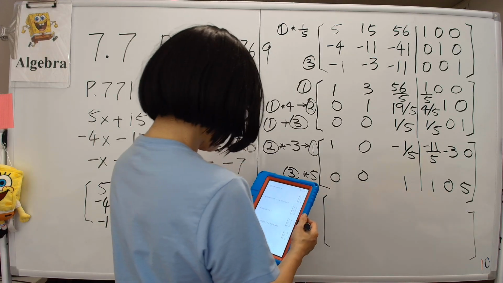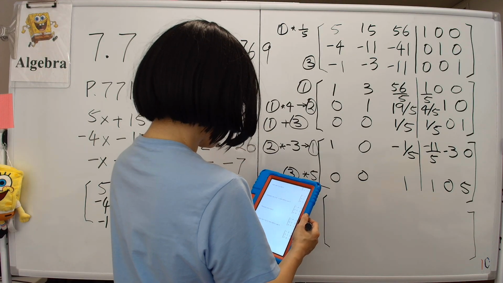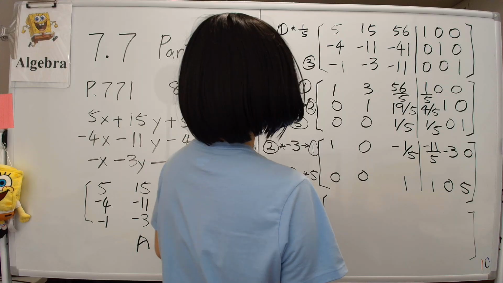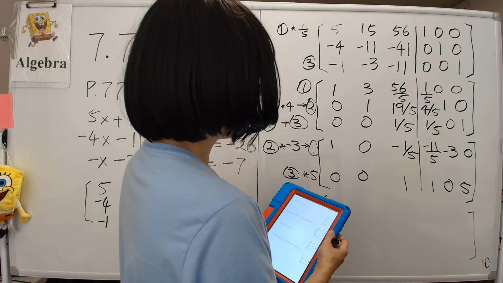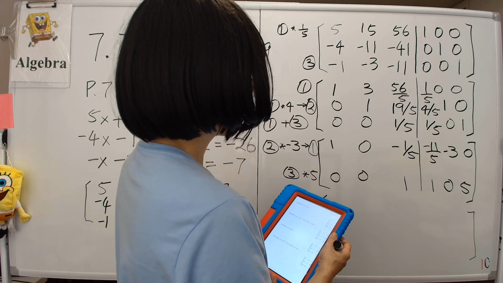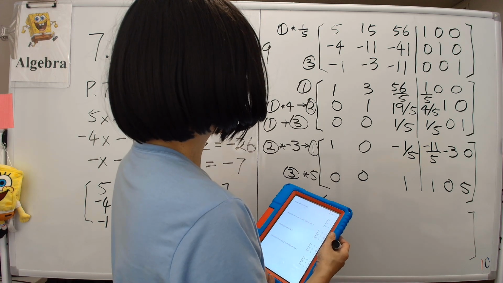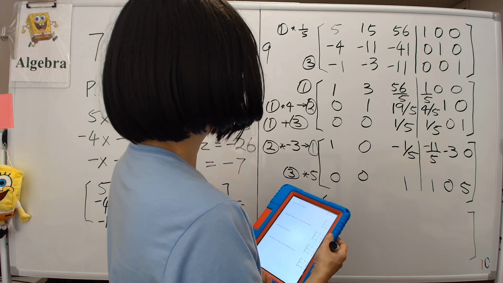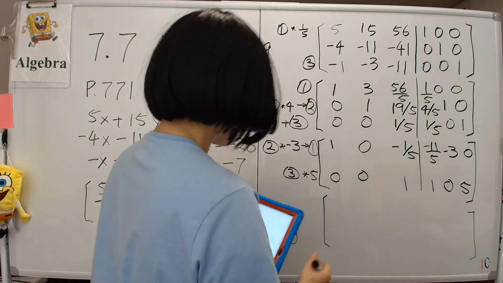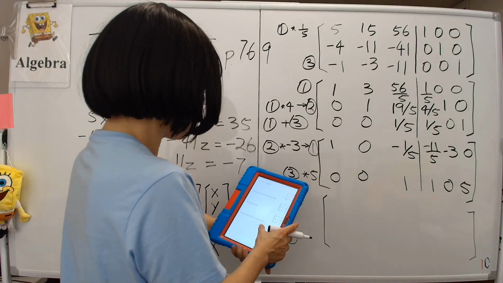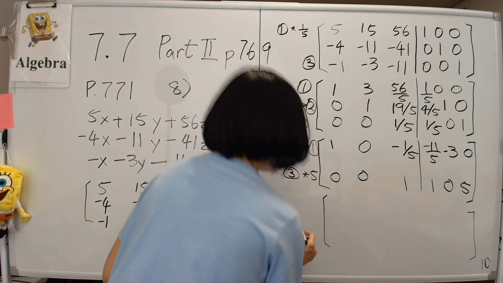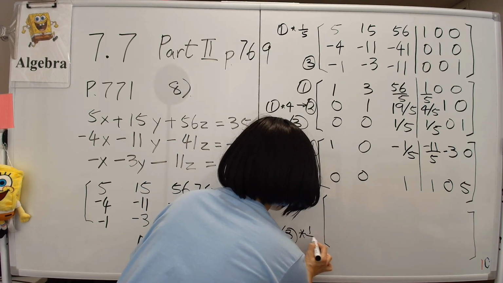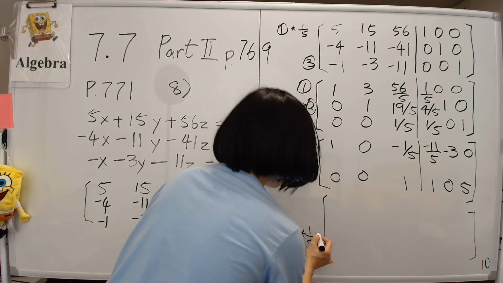Didn't we just take row 3 multiplied by 5? So why are we dividing it by 5? Well, whatever. Doesn't matter. We'll just do what the book says for now. Okay? So we'll take row 3 multiplied by 1/5 and then add it to row 1.